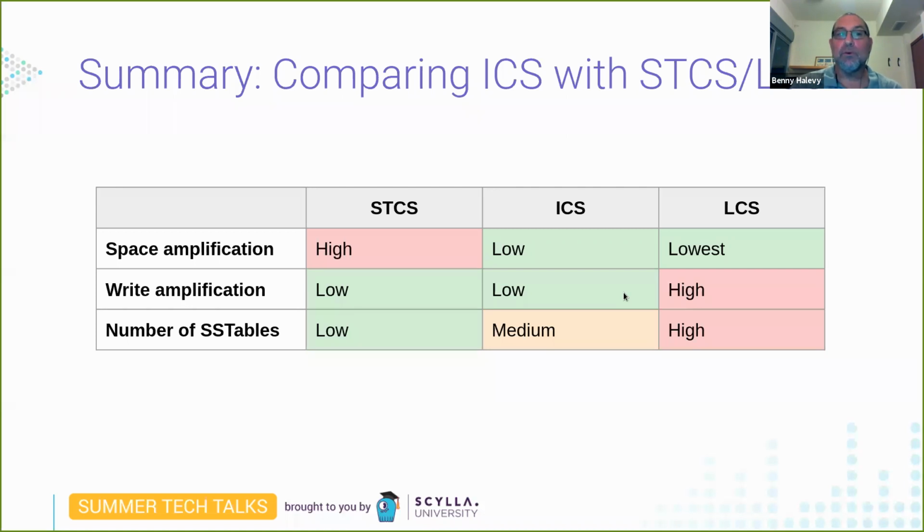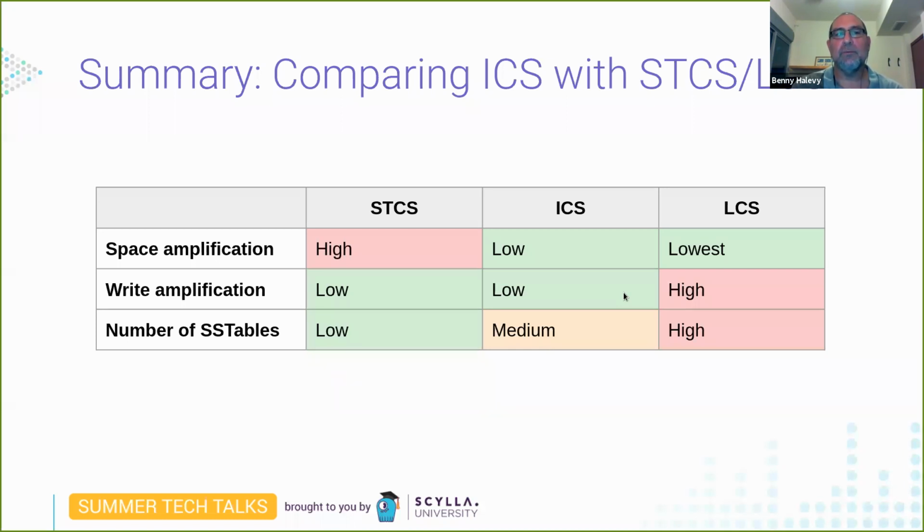As for the number of SSTables, which may also be a factor, this number is low in STCS because of the way it organizes the SSTables into tiers, and by keeping the SSTables very large. The number of SSTables is increased in ICS because we divide these large SSTables into constant sized SSTable fragments.